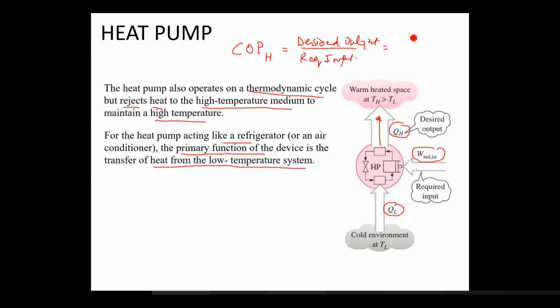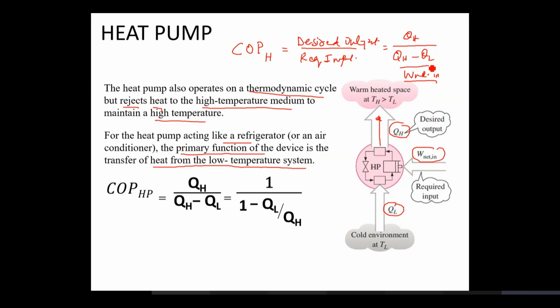QH. QH becomes your desired output, and work input would remain same, QH minus QL, or it could also be written as work net into the system since you are running a compressor. So coefficient of performance for a heat pump, which is represented by HP, you have QH over QH minus QL.